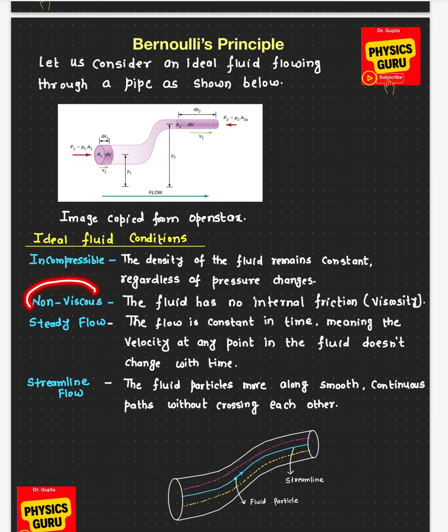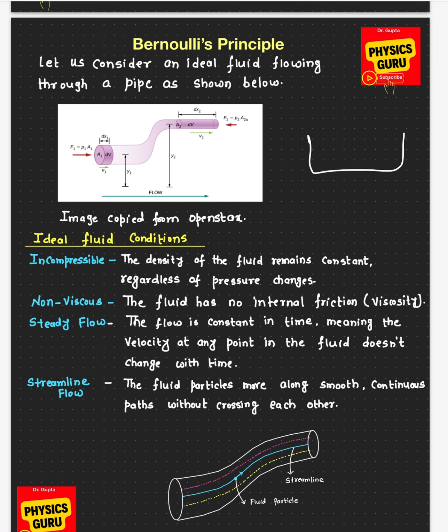Non-viscous: what does non-viscous mean? That means the viscosity of the fluid must be zero, or very, very minimal, almost zero. What this tells you is that there is no internal friction when the fluid moves. If you look at the fluid here, let me draw it.